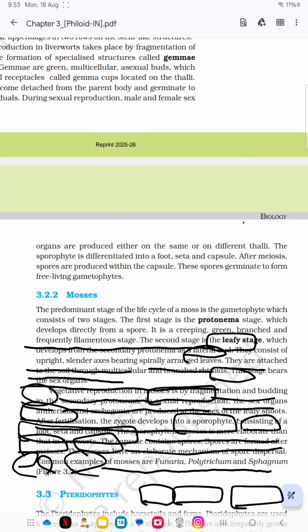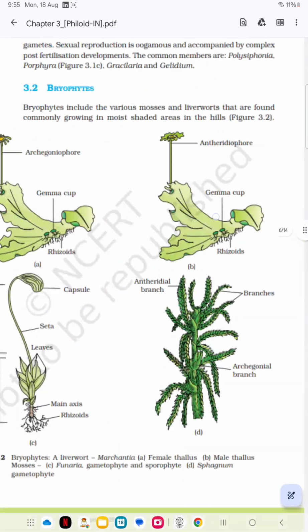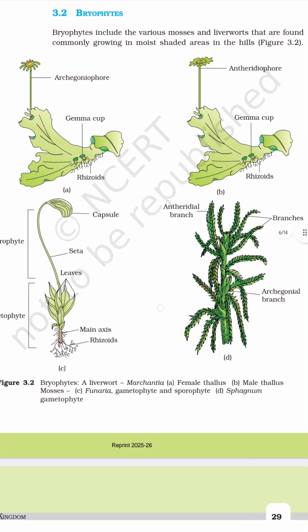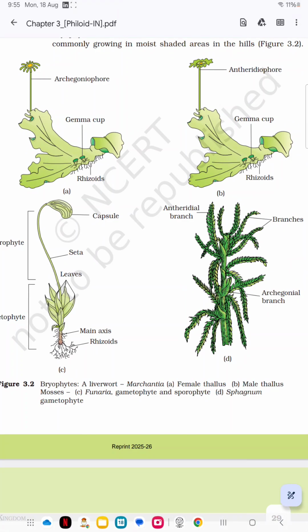Funaria was already seen in the starting. These are known as the Funaria, and this is the Sphagnum. Sphagnum is nothing but the peat moss. So we can see here examples of that.